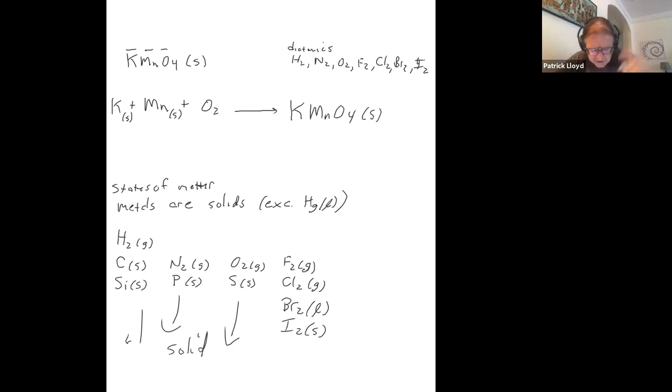So the only thing left to do then, we know this is a gas, is just to balance it. There's 1 potassium, 1 manganese, there's 4 oxygen, so I'll put a 2 there. And then this is your standard enthalpy of formation equation. Okay.